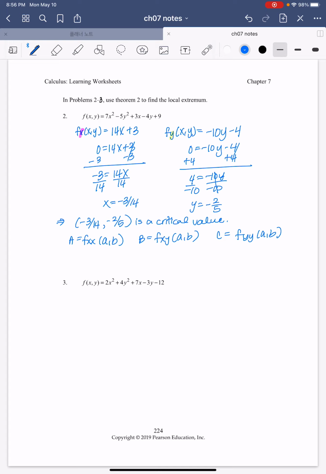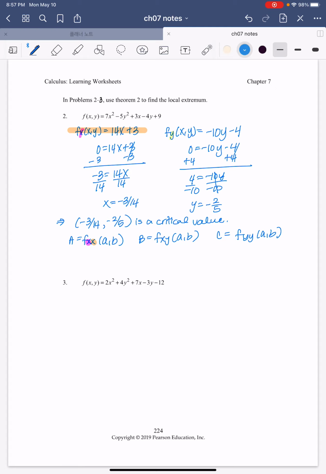So f of xx, that means to find out the capital A, I'm going to be using this function here because I already took the partial derivative with respect to x, right? And I'm going to just take the derivative with respect to x again.